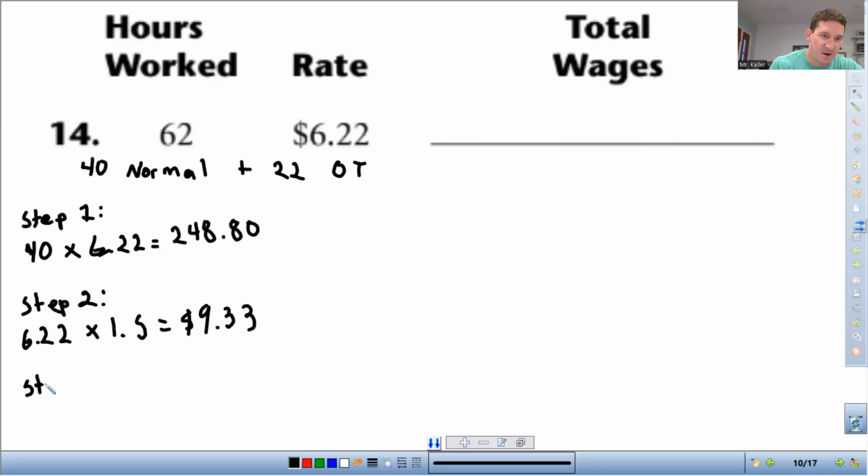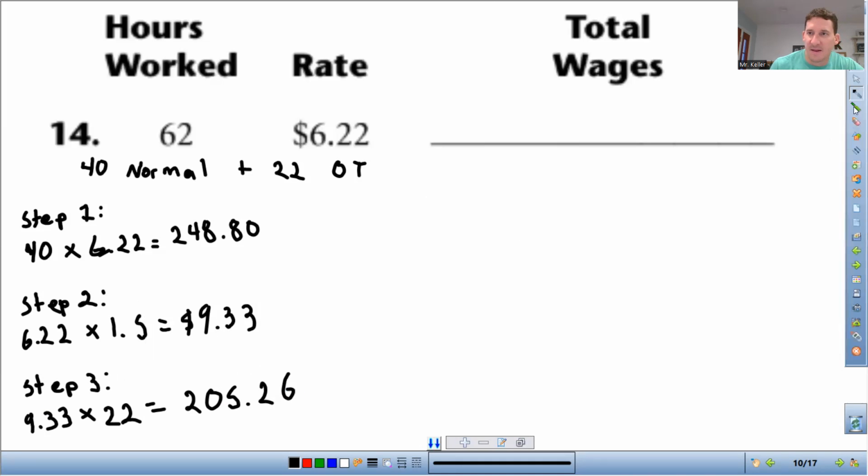Step 3, figure out the overtime pay. That's going to be 9.33 times the 22 overtime hours, which comes out to 205.26. And then last, add together to find your total wages.